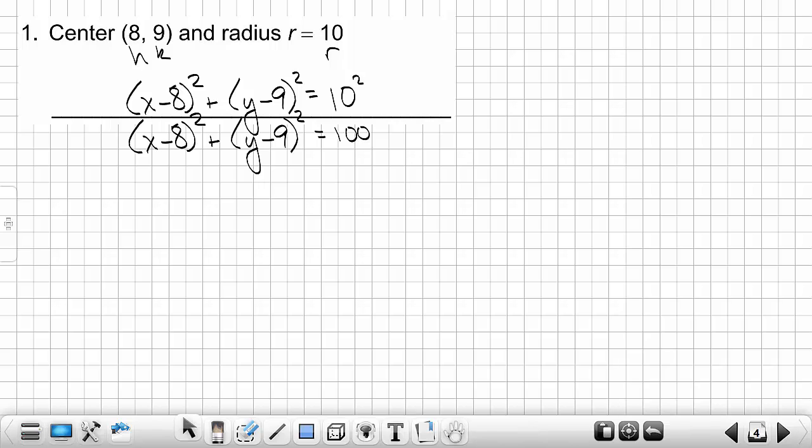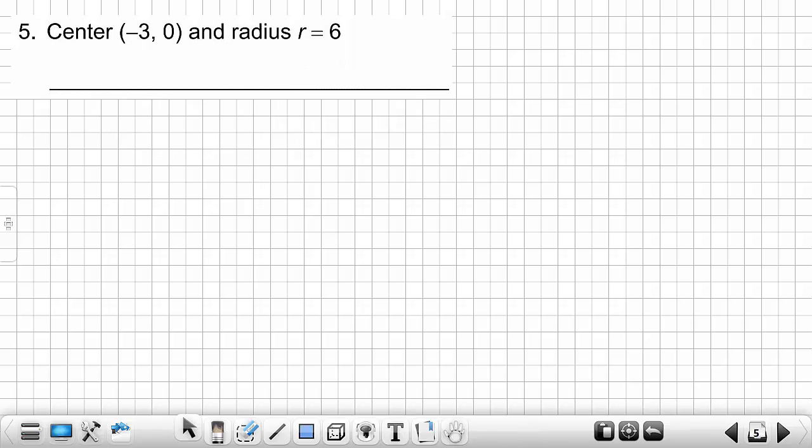Okay. Then I said 5. Let's do number 5. Yes. Madeline, yeah. This one takes a little bit more, so I would expect a simplification step.